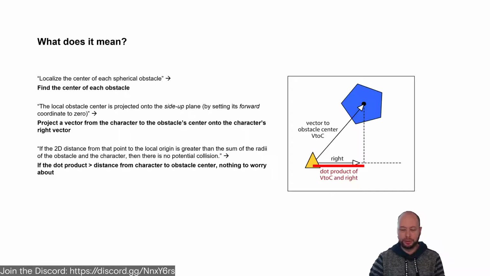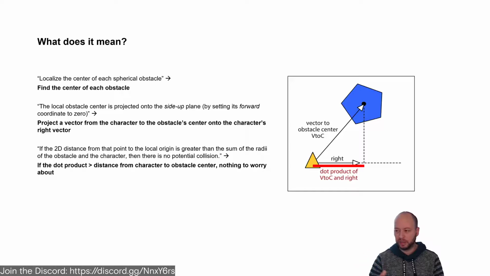So here's an example of that, right? In this case, we have this ambiguous thing. We're pointing up, so the triangle, we're pointing up. This is our right vector, and we take the point and we project it down onto our right vector.